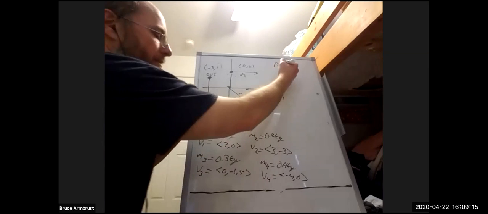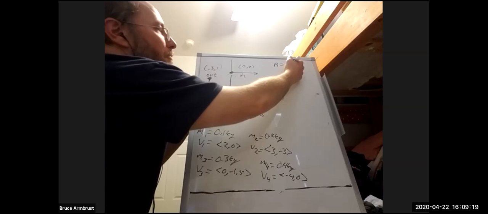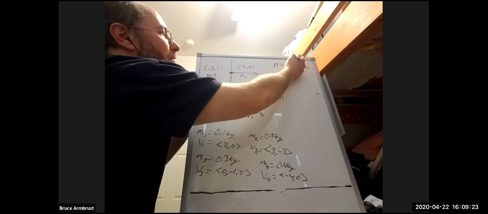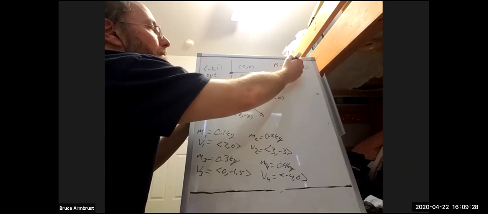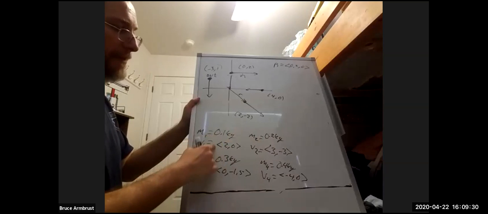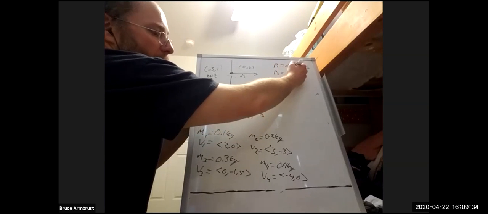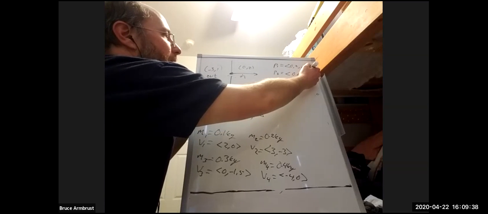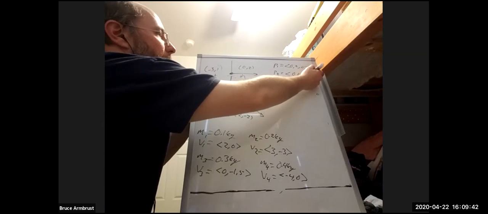That's going to be the vector 0.2, 0. So I'm just taking this mass times velocity. Momentum 2 is going to be 0.6, negative 0.6. So that was this one.